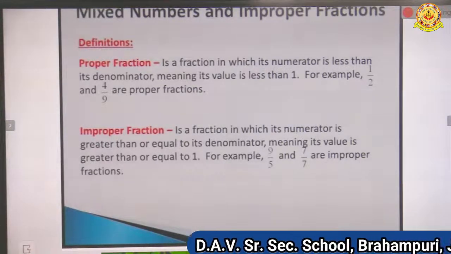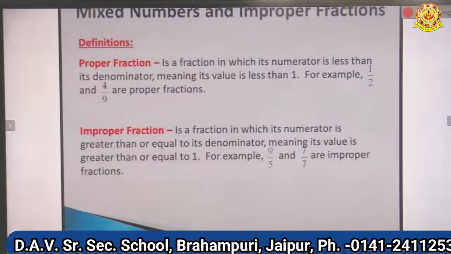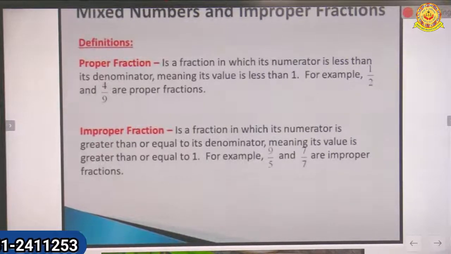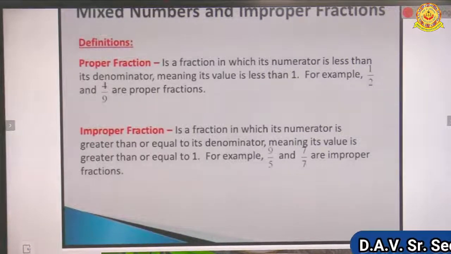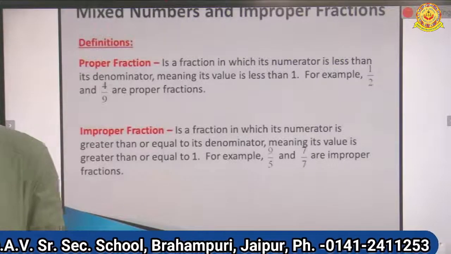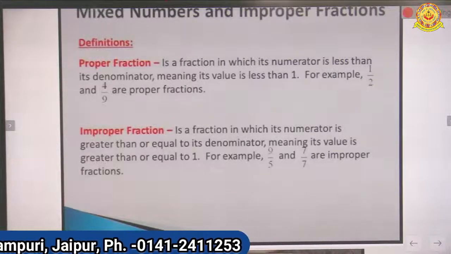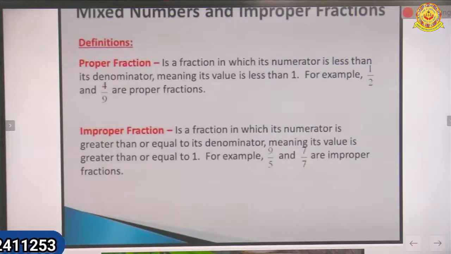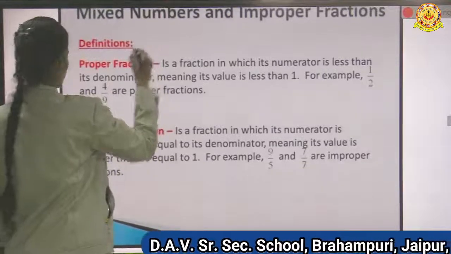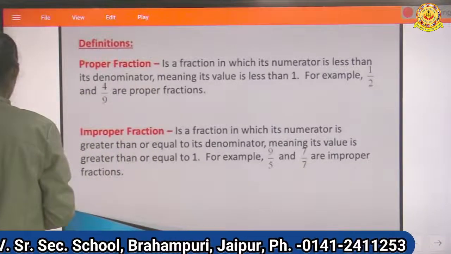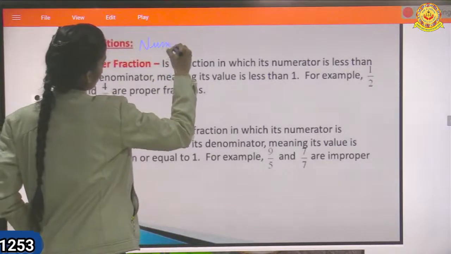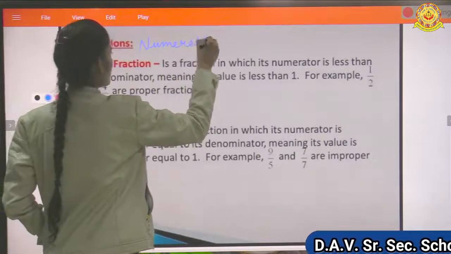Proper fraction. Proper fraction is a fraction in which its numerator is less than its denominator, meaning its value is less than 1. In short, in proper fraction you have to check that the numerator should be less than the denominator.